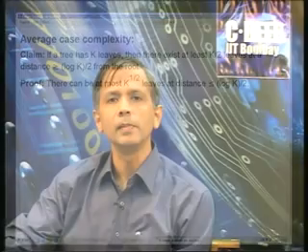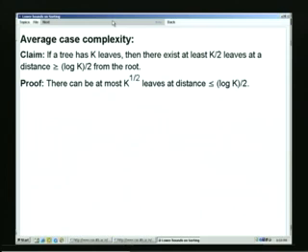Just like worst case, we can use very similar arguments to prove bounds on the average case complexity of sorting as well, on the decision tree model, of course. And of course, that will imply some lower bounds on comparison based sorting algorithms as far as their average case complexity is concerned. And these bounds really follow very simply from some properties of trees with respect to the relation between the height of the trees and the number of leaves.